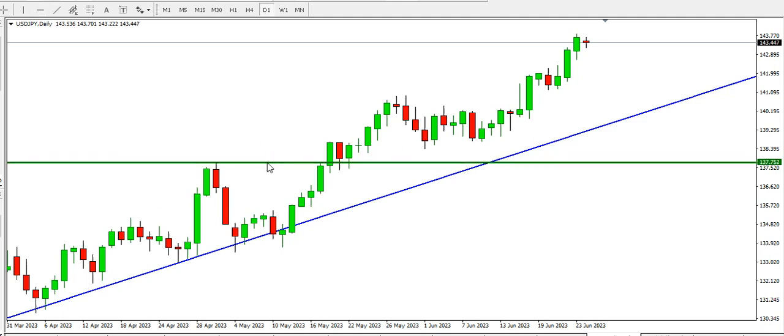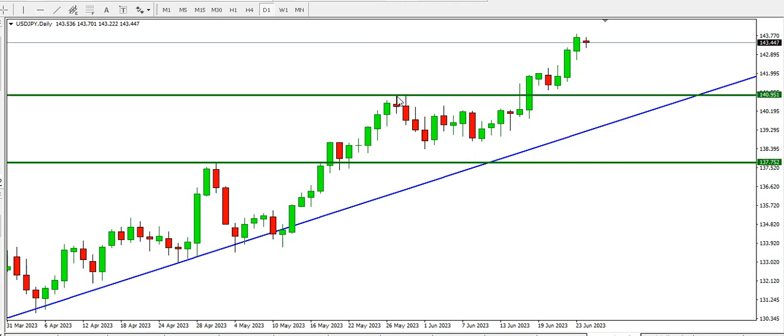We have a break of this particular structure around here, and we also have the break of this particular structure around here. Right now, another structure is currently being formed. We might likely see price retracing a bit, then going up and breaking the structure possibly around this area. But that's that for the daily time frame.